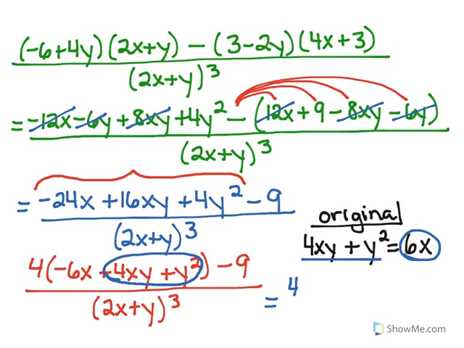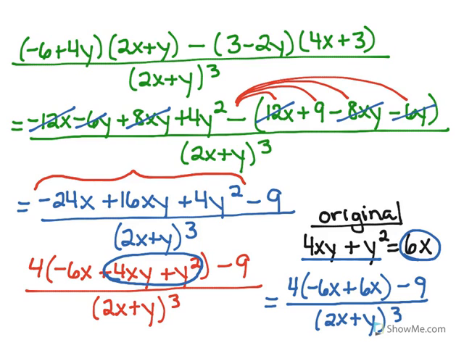I'm going to have 4 times negative 6x plus 6x minus 9 all over 2x plus y cubed. And then negative 6x plus 6x is nothing. That entire term disappears and becomes a 0.